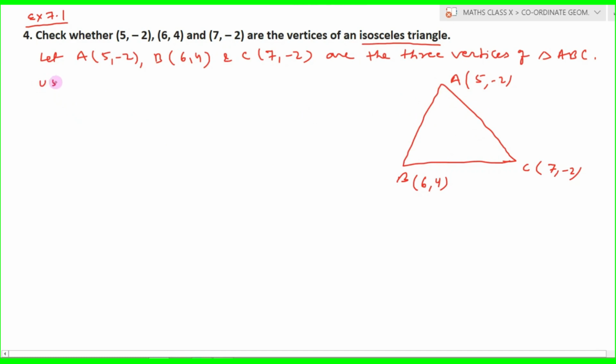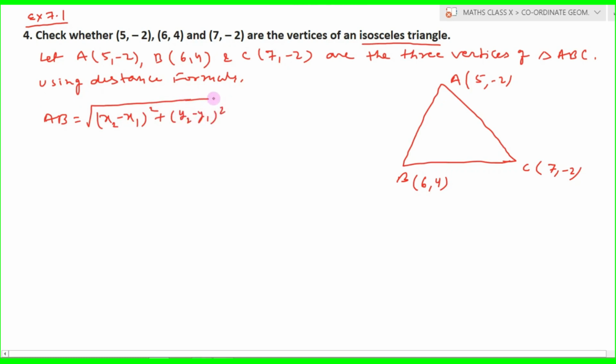Using the distance formula, we can find the length of AB. What is the length of AB? Square root of (x2 minus x1) whole square plus (y2 minus y1) whole square.